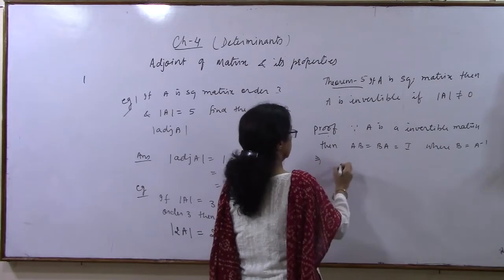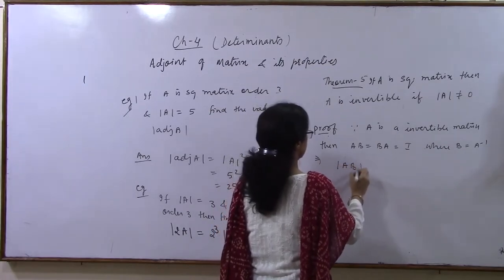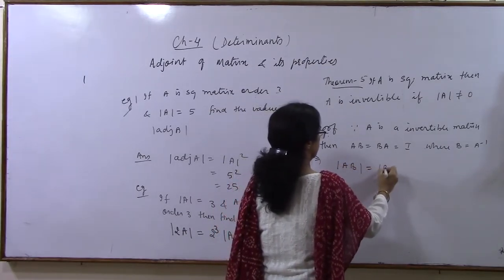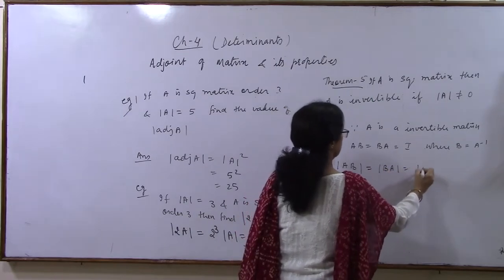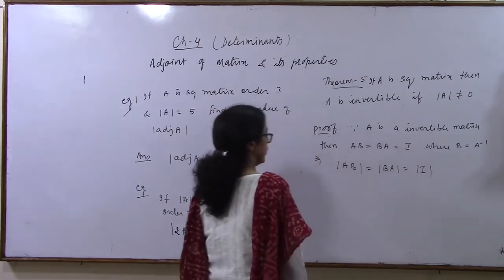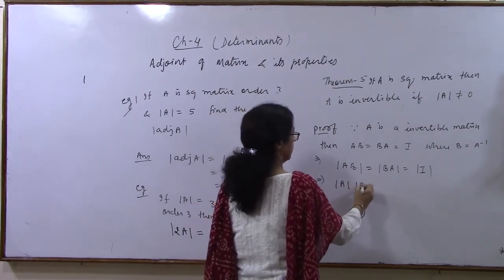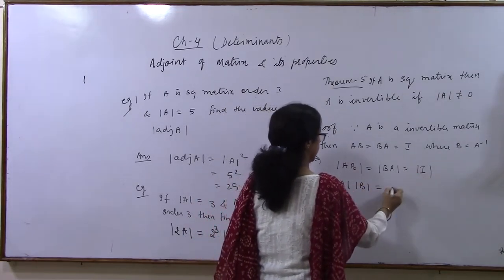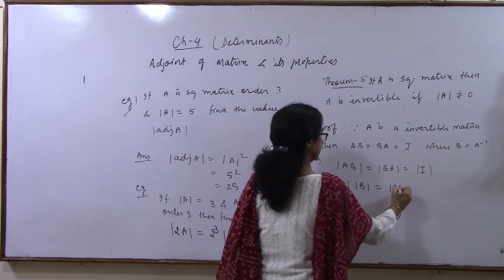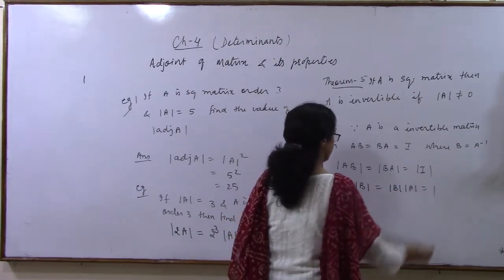Now taking determinant on both sides, then we have determinant AB equal to determinant BA equal to determinant of I. Now this is equal to determinant A, determinant B and determinant I equal to 1.